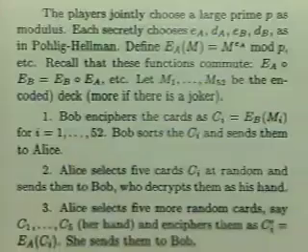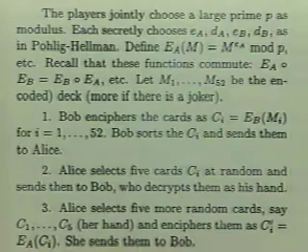Now these functions commute with each other. That means that if you have one value, say M modulo P, and you first encipher it using E sub B, and then you encipher it using E sub A, you get the same result as if you enciphered it with E sub A first, and then with E sub B second.